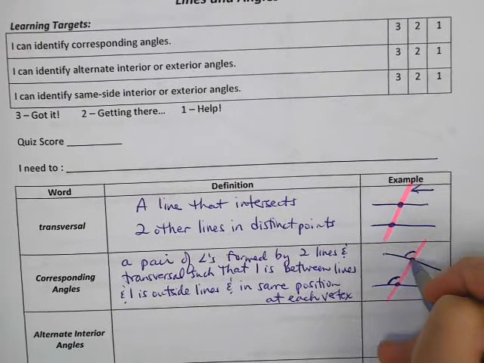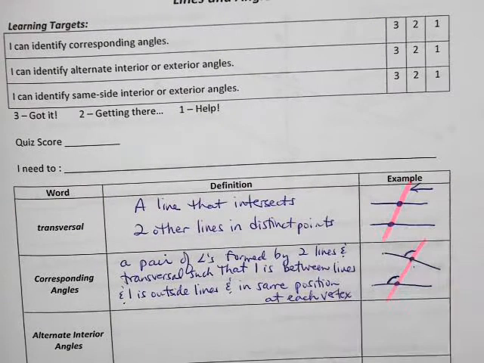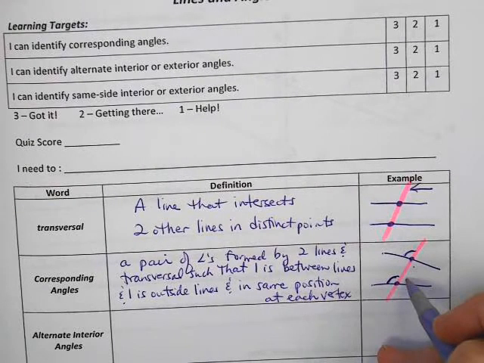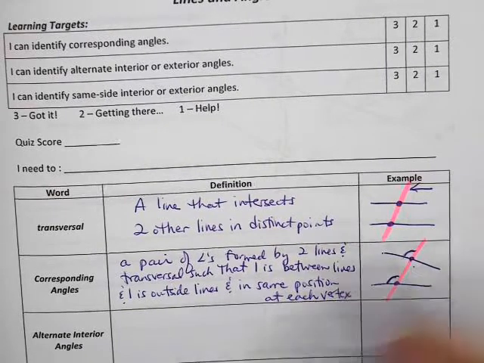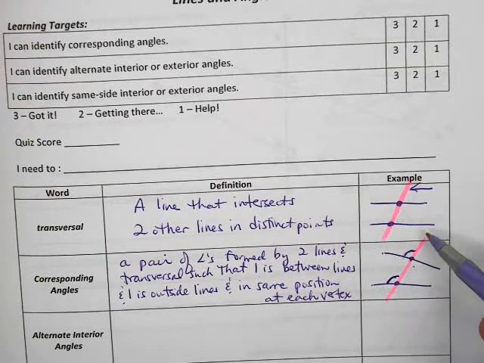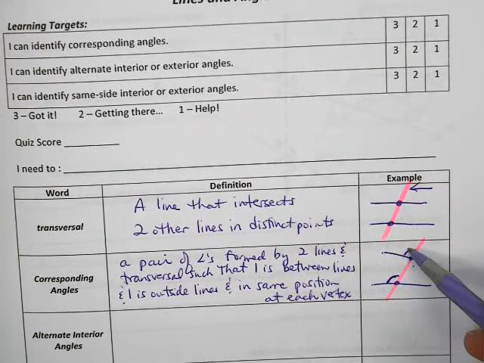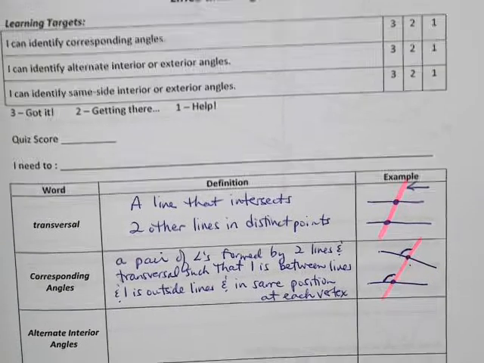So here's a vertex. This is the top left. Notice it's outside the lines. This one is in the top left corner of those 4 angles, and it's in between the lines. So we have one that is between the lines, one that is outside the lines, but they're in the same position at each vertex.